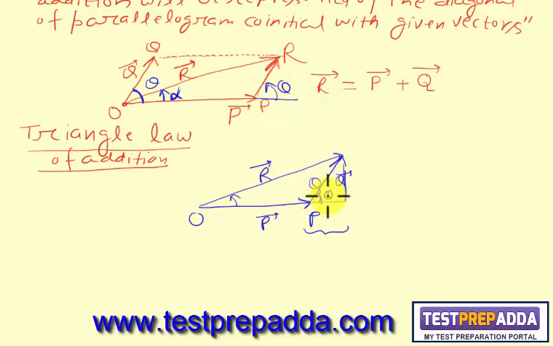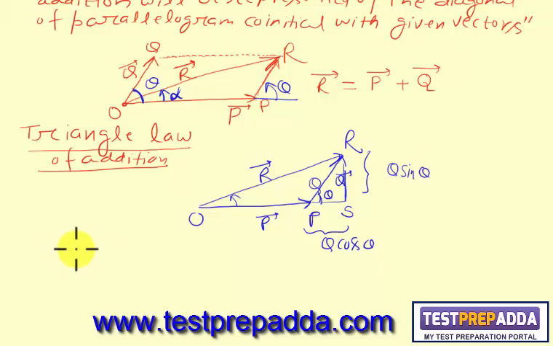If I drop a perpendicular from point R on the line of support of vector P, let us say it meets at S. So PS will be Q cos theta, and RS will be Q sin theta.